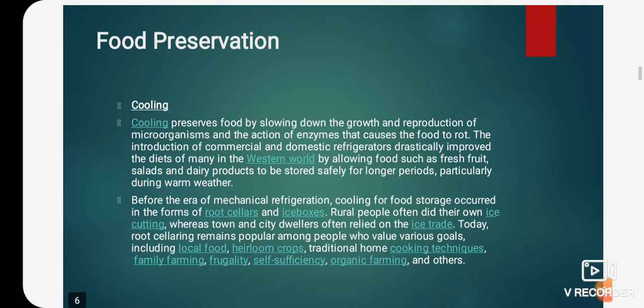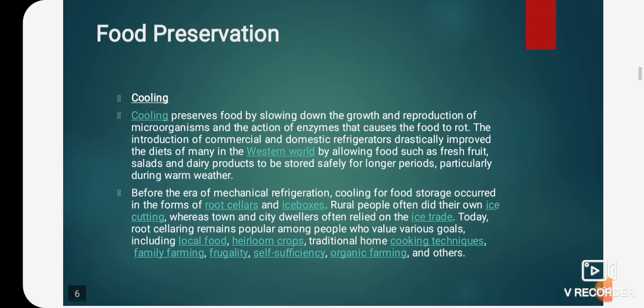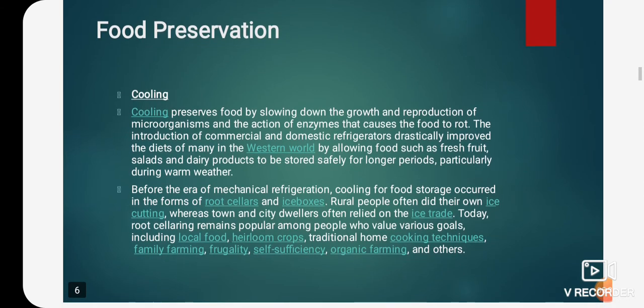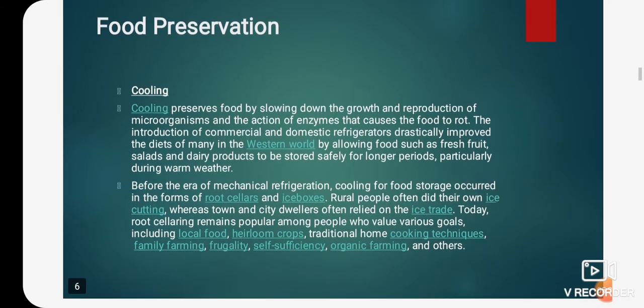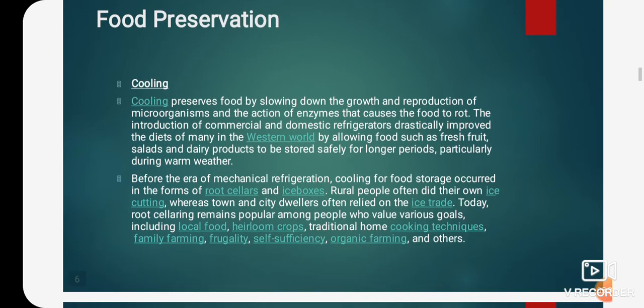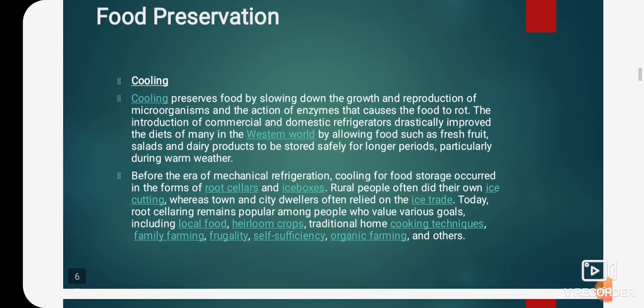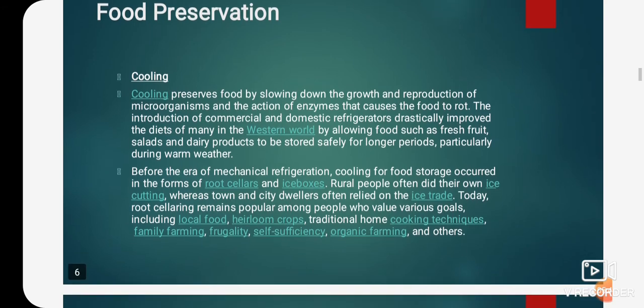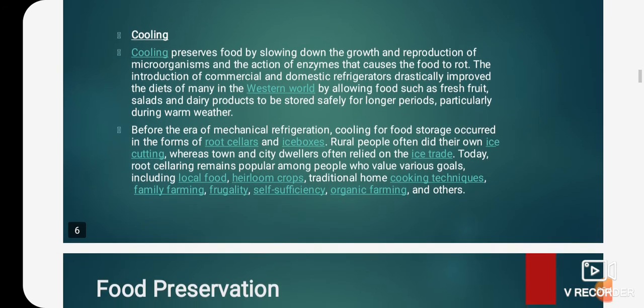Today, root cellaring remains popular among people who value various goals, including local food, heirloom crops, traditional home cooking techniques, family farming, frugality, self sufficiency, organic farming, and others.